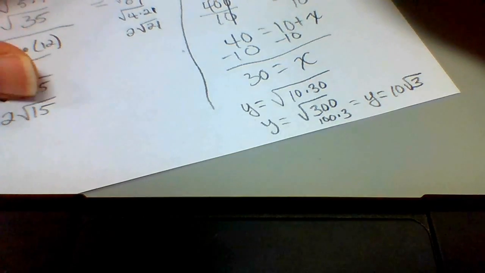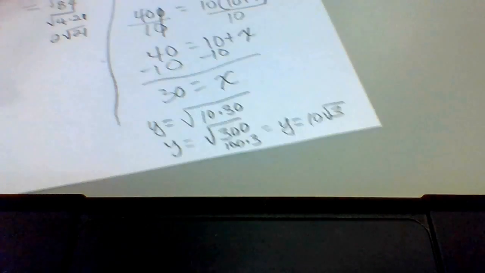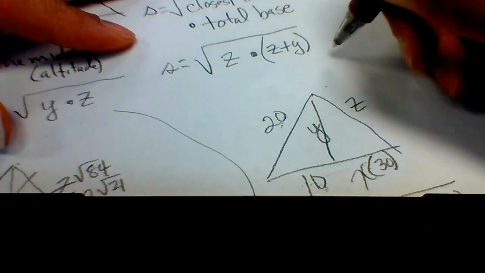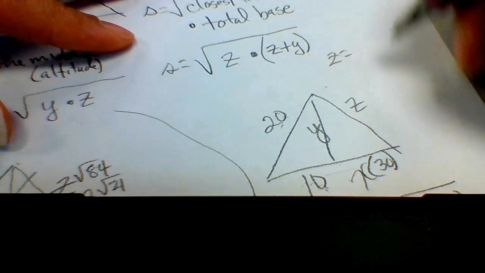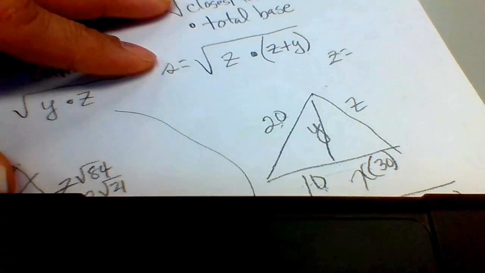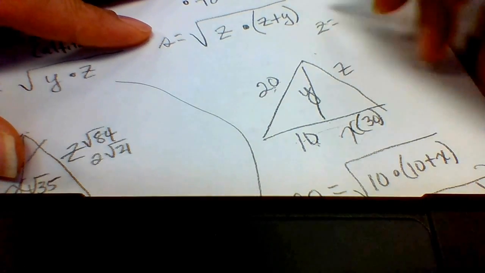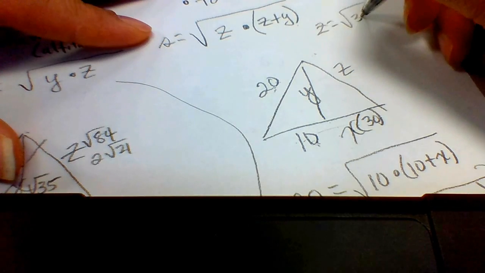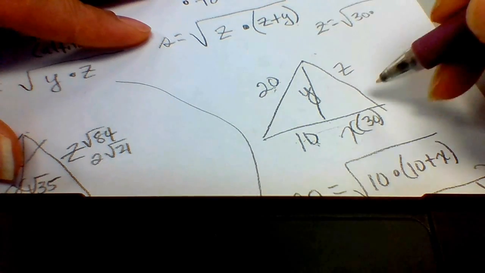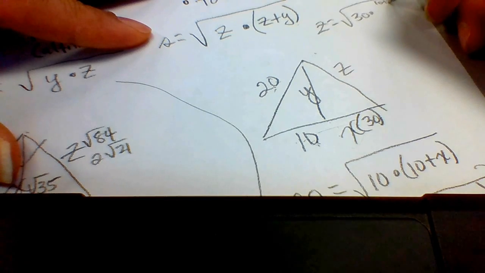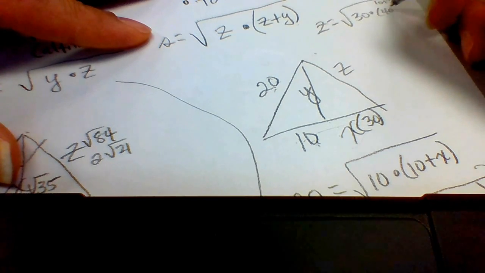Okay? And then finding z, I'm going to find z up here where I have a little room. Z is going to equal the square root of the closest, which is 30, times the total amount, which is 40. So 10 plus 30, the total amount is 40.